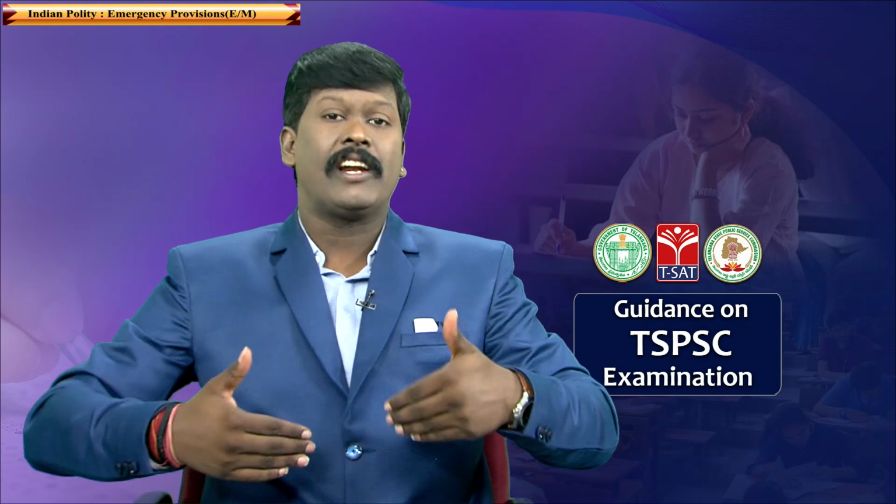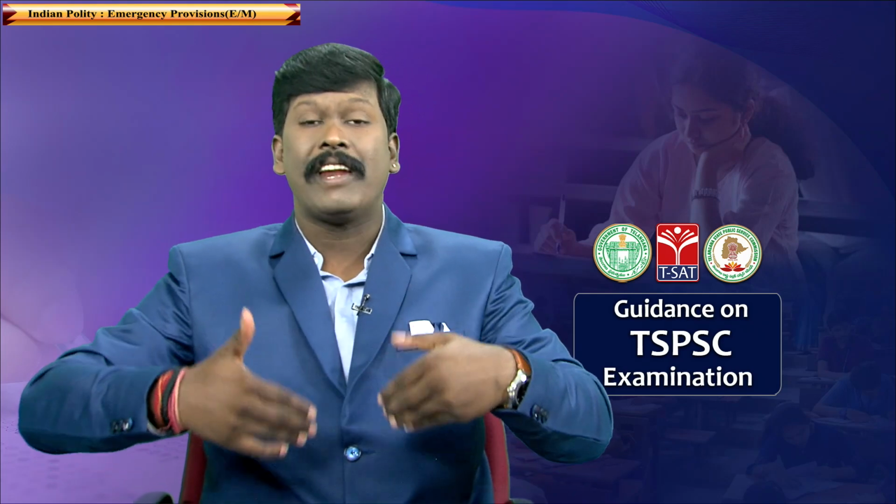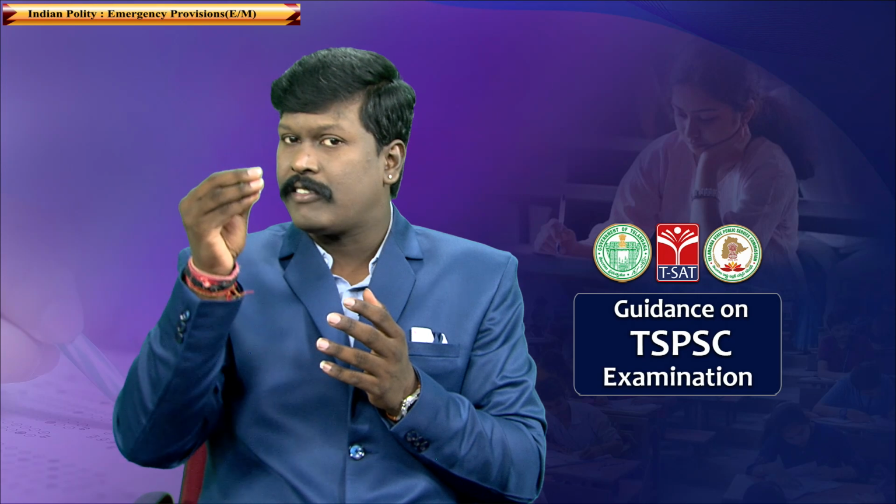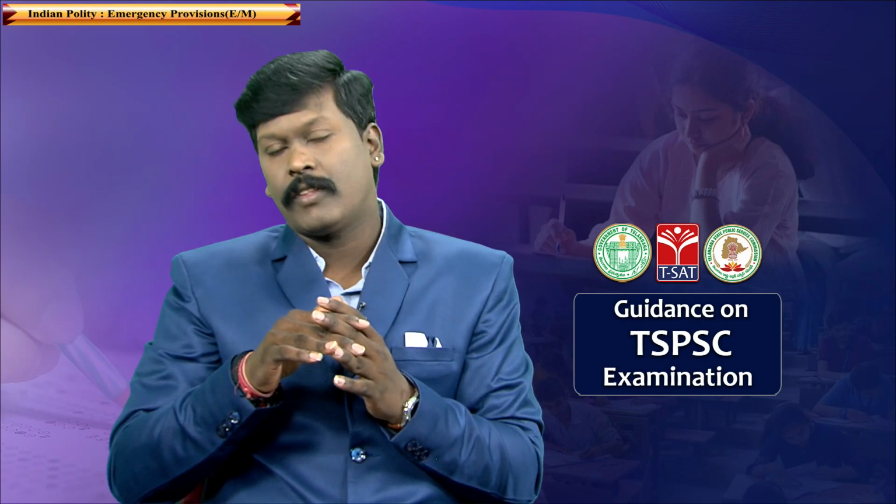Because Article 356 has been misused many times by the center against the states, the Bommai case came with certain guidelines. The first one is, whenever the center imposes President's rule, it has to justify the reason. Without any justification, you can't impose it just to satisfy your ego.